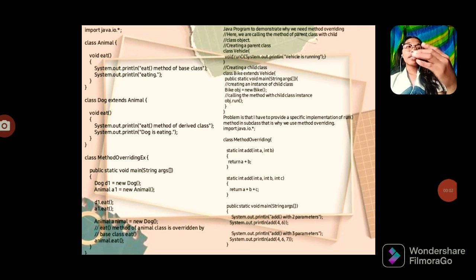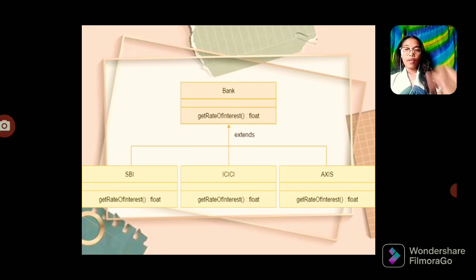So let's proceed to another example. In this example, we have defined the run method in the subclass as defined in the parent class, but it has a specific implementation. It will be considered as a scenario where a bank class has the functionality to get the rate of interest.